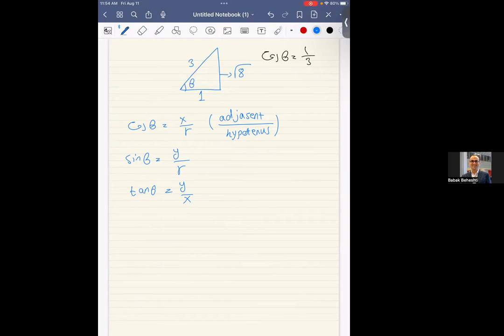Because the hypotenuse is 3, one side is 1, and 3 squared minus 1 is 8. So cosine theta is 1 over 3, sine theta is root 8 over 3, and tangent is just root 8.